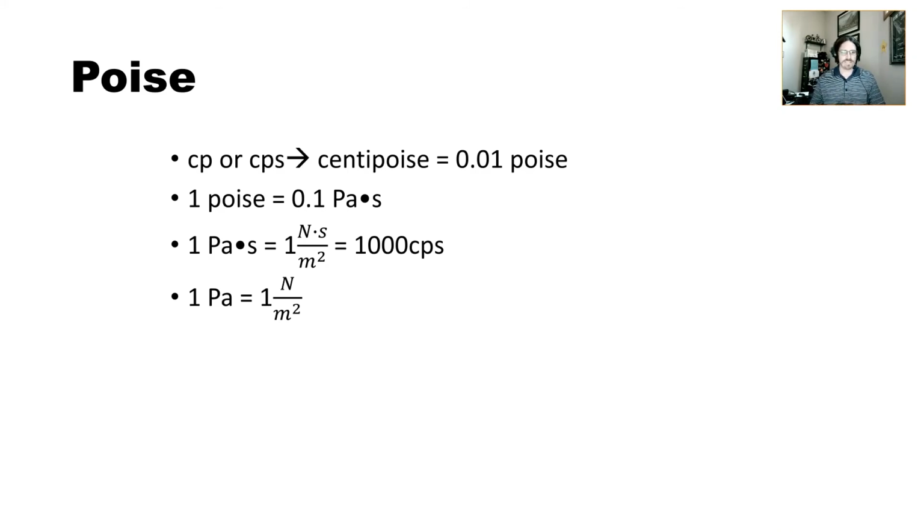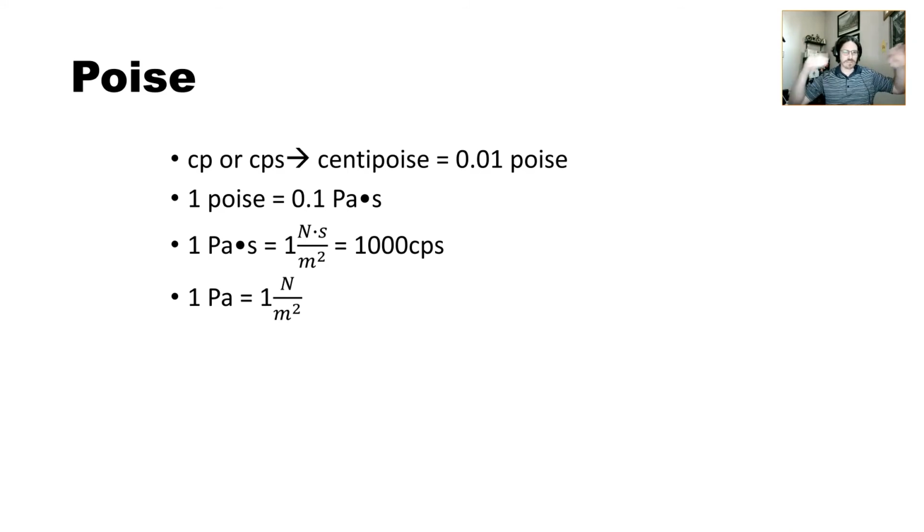One Poise is 0.1 Pascal second. 1 Pascal second is 1 Newton times second over meter squared, which equals 1,000 centipoise. Okay, and I think the units work out. 1 Pascal is 1 Newton per meter squared. So I'm kind of a stickler for units, which is why I go into this kind of stuff.